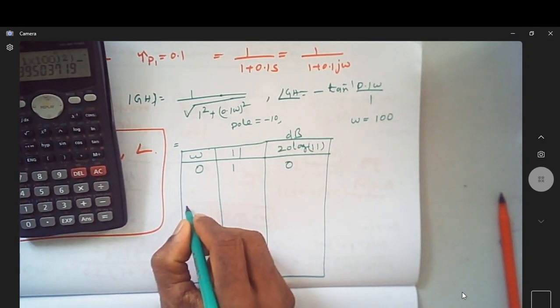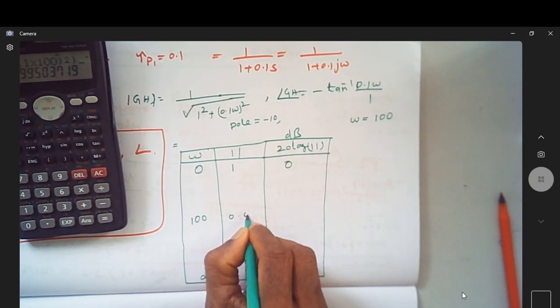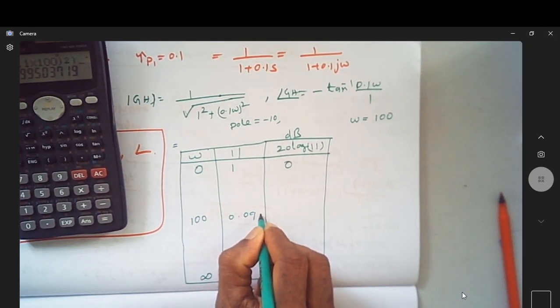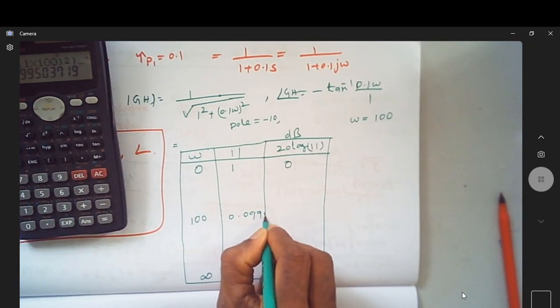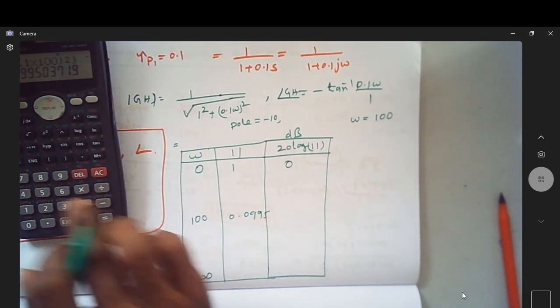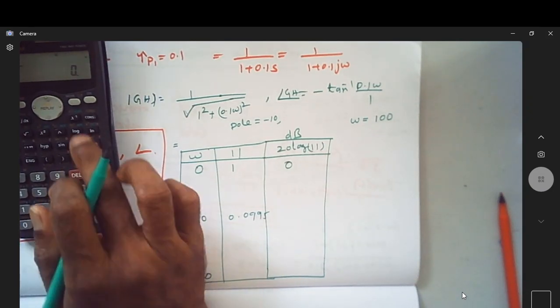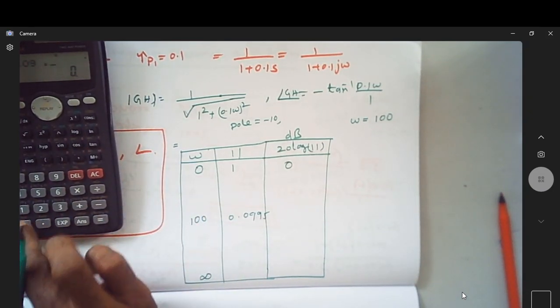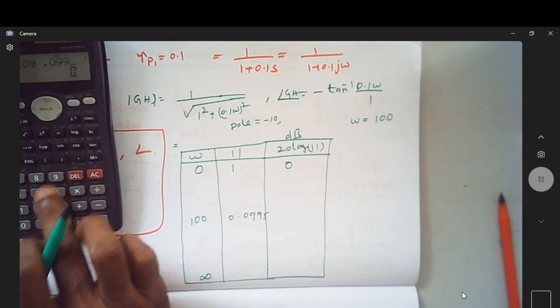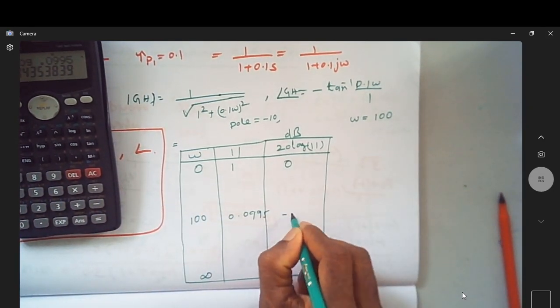It is given by 0.0995. And what is the 20 log of that? Shall I do 20 log of 0.0995? Can you see it is minus 20 dB?